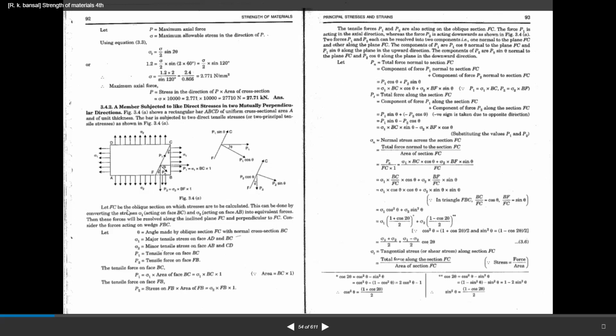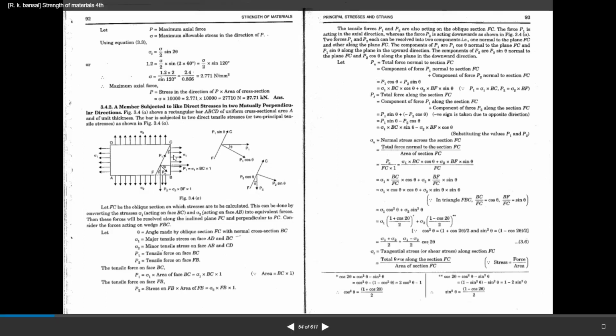Let FC be the oblique section, that is the inclined section, on which stresses are to be calculated.